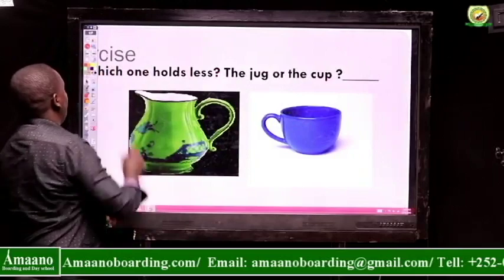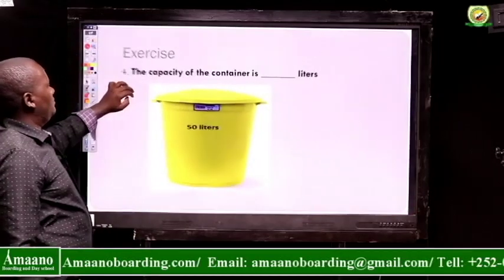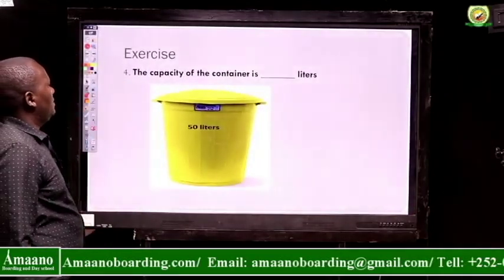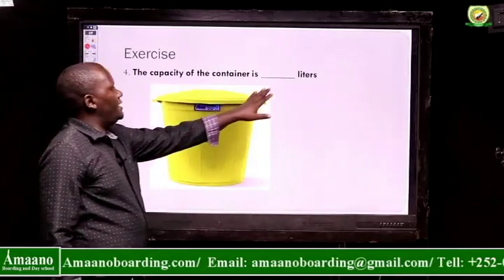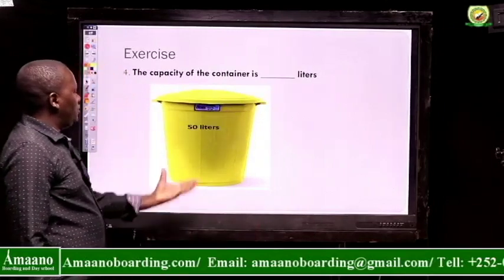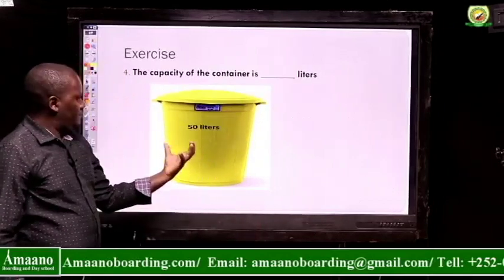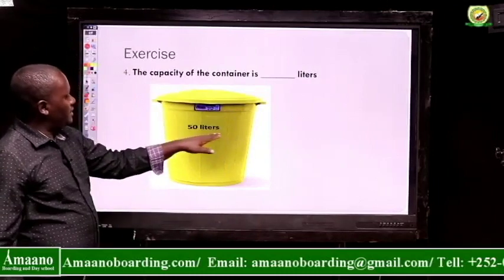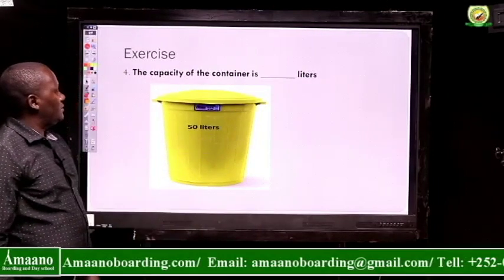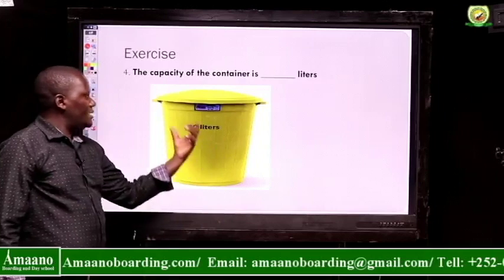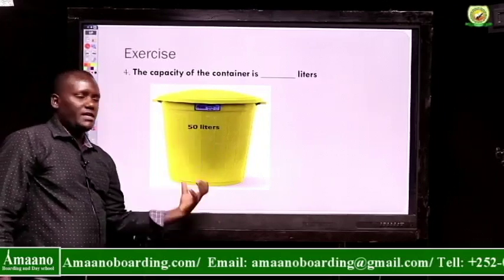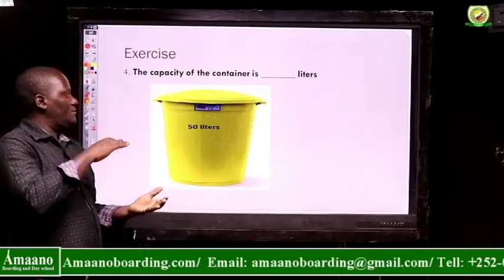Next example we have down here. A bucket. The capacity of the container is dash liters. You look at this bucket, it's big. And I can see it's written 50 liters. That is the amount of water it can hold.